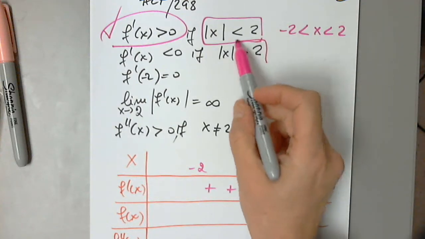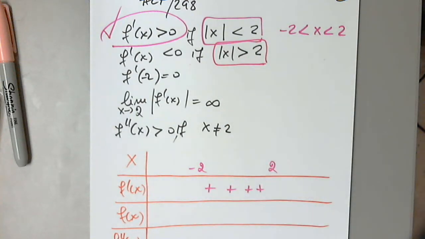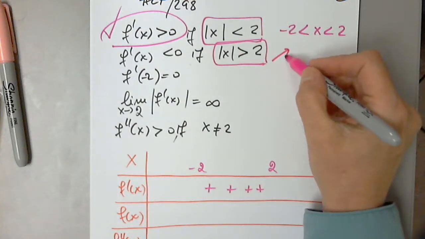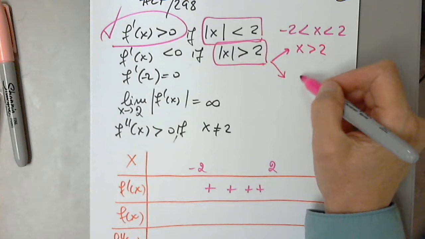Okay, so now let's see what this means. It means that it's not the in-between, but the outside: greater than 2, or less than negative 2. So this changes into two different separate things.